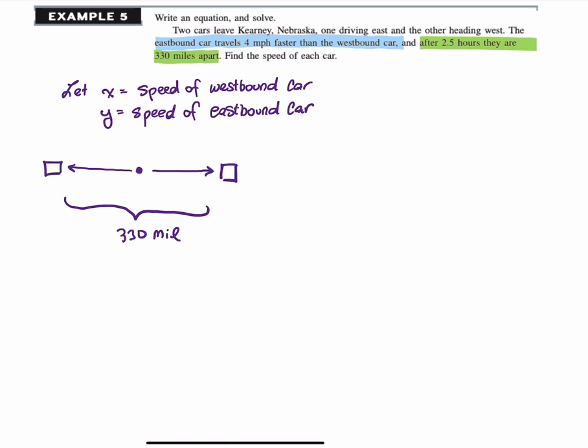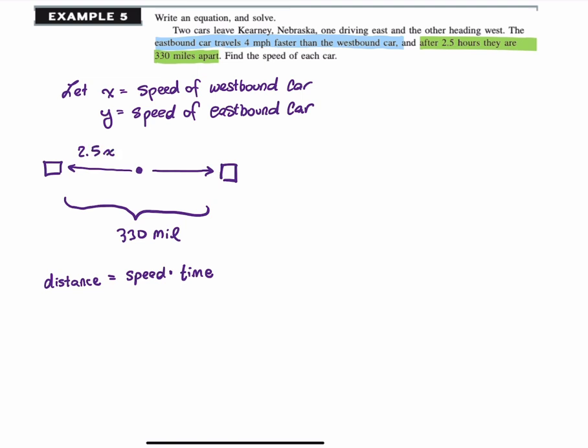And distance, we can describe that as speed times time. Like if I'm driving 30 miles per hour and I drive for 2 hours, I would take the 30 and multiply by 2. That kind of idea. So if x is the speed of the westbound car and it traveled for 2.5 hours, I can describe this distance as 2.5 times x.